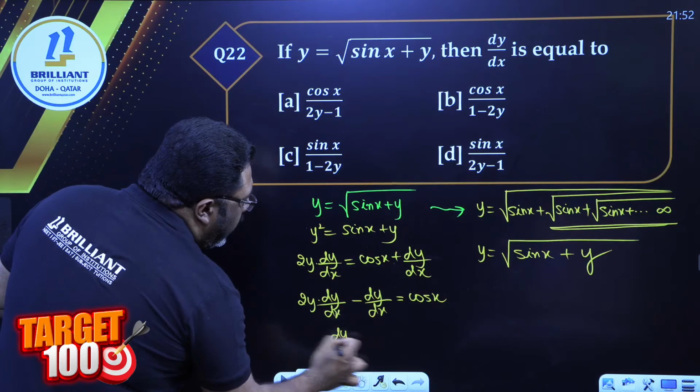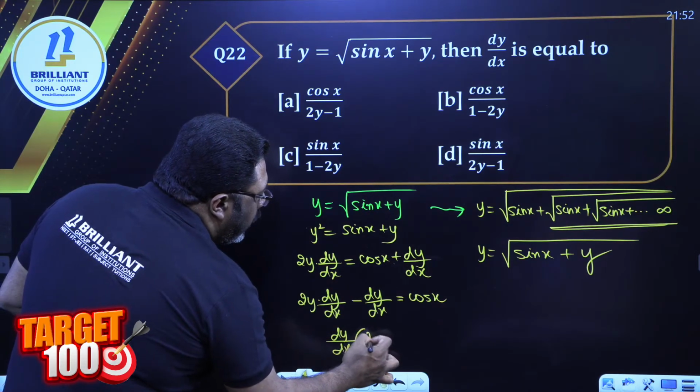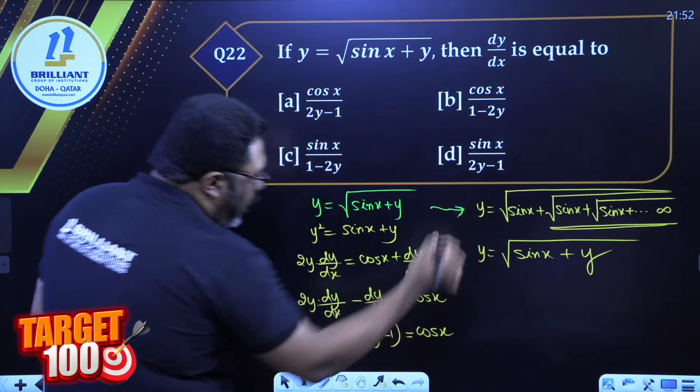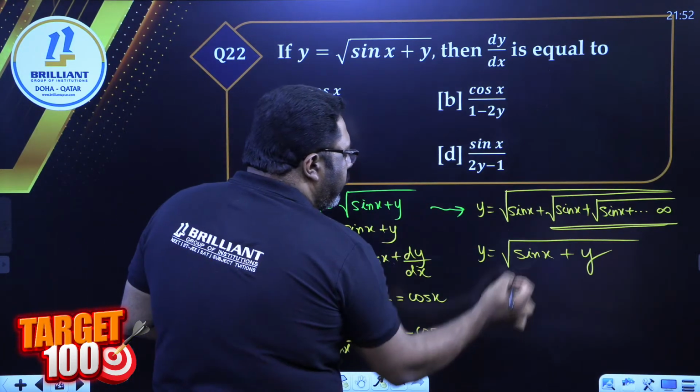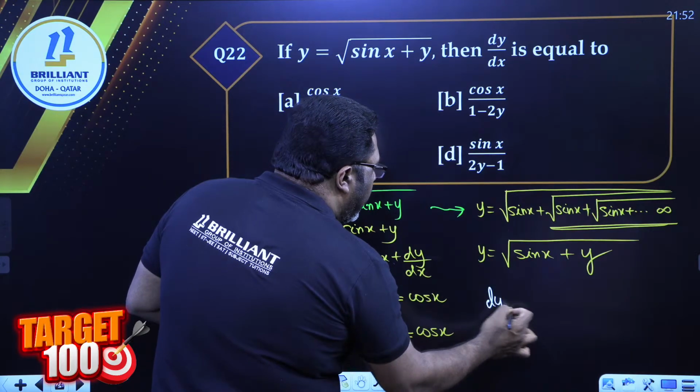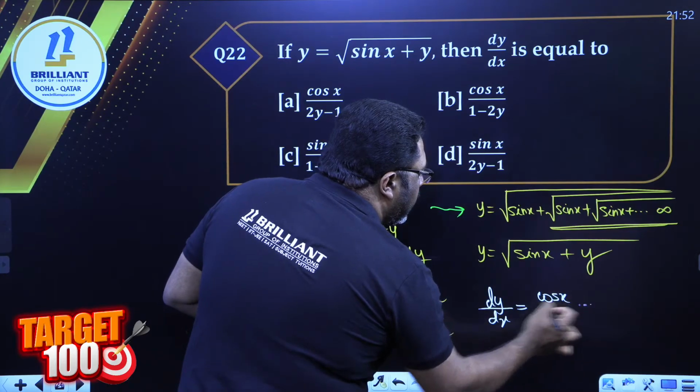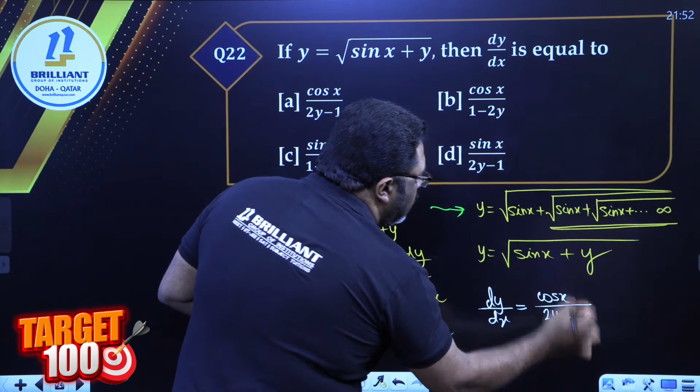So dy by dx common out, you get 2y minus 1 equal to cos x. Final answer, dy by dx equals cos x divided by 2y minus 1.